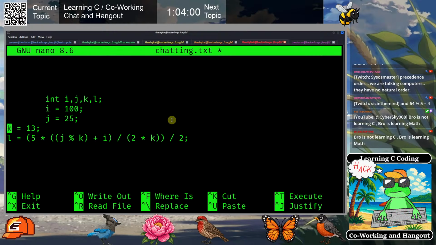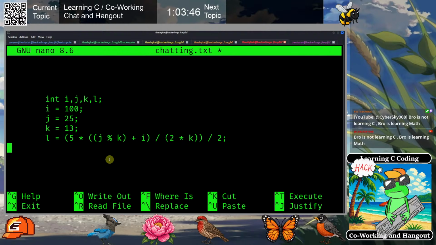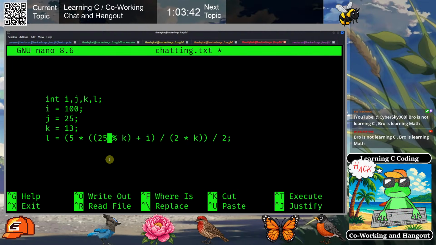So it's something like this. They want us to give the result of L. So let's see, 100, 25, 13. We can substitute these in. So J is 25, K is 13, I is 100, and then K is 13 again.